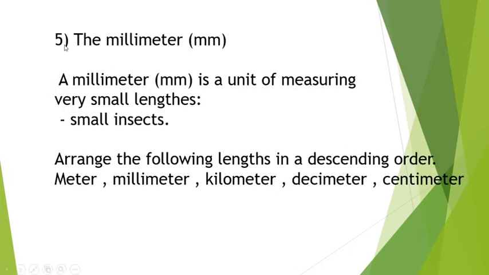The fifth unit, the millimeter. Millimeter is the unit of measuring very small lengths, like small insects. Okay? If I want to arrange the following lengths in descending order: meter, millimeter, kilometer, decimeter, and centimeter.